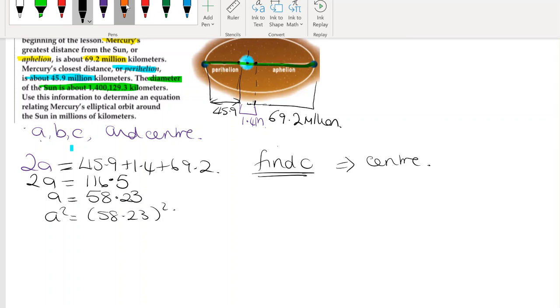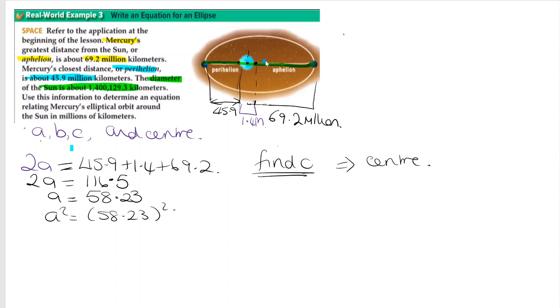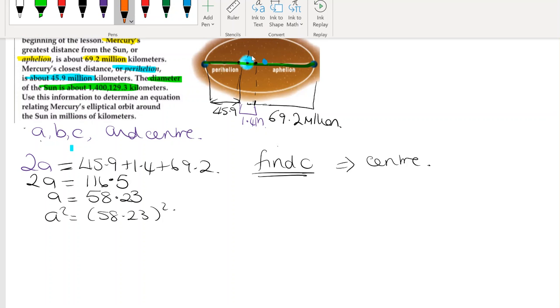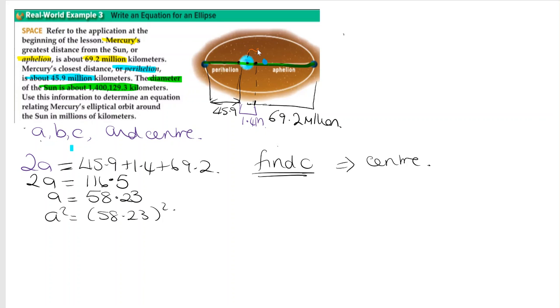The center is roughly here, and our C value is going to be the difference from here to here. So we need to find the difference.